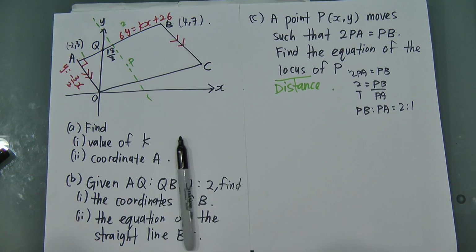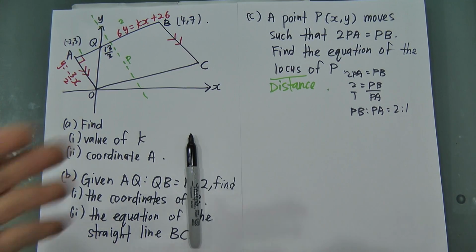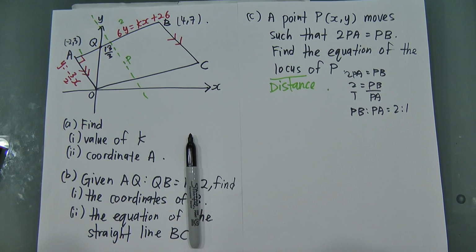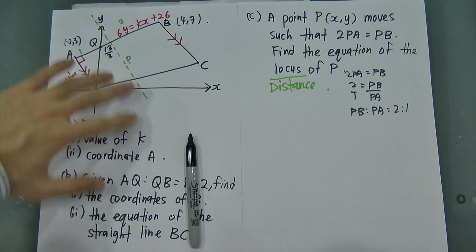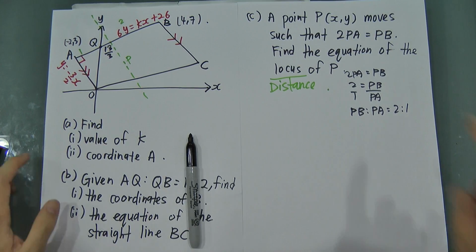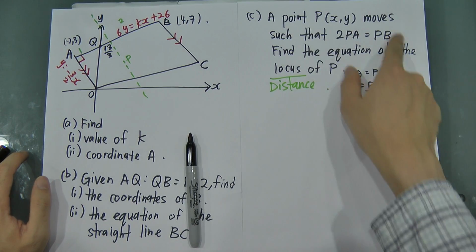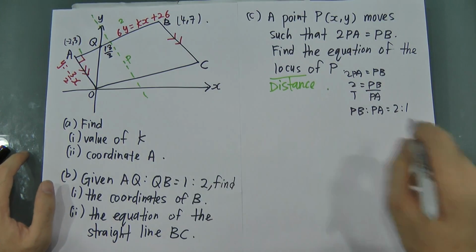However, if you want to understand it, it's a good thing also, but in order to solve this question, you don't necessarily need to understand this locus so well. You just need to know how to substitute the given information into the distance formula.